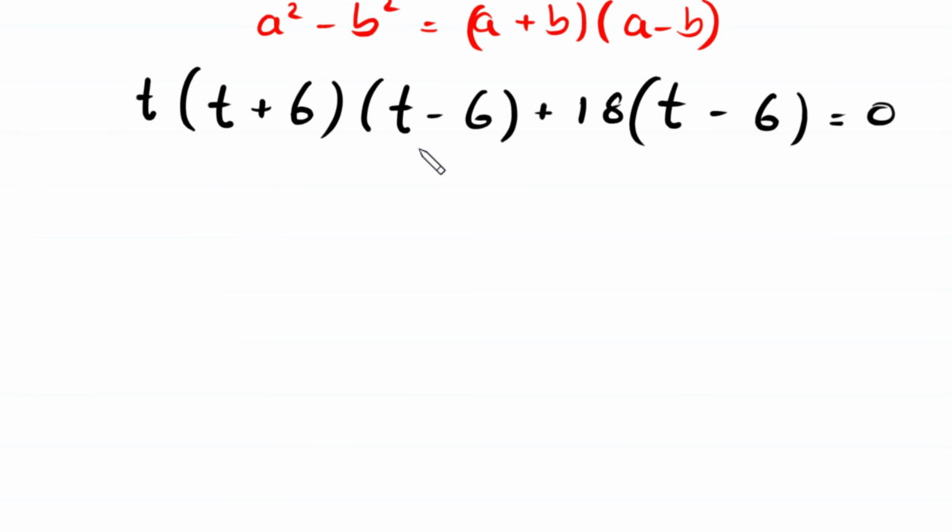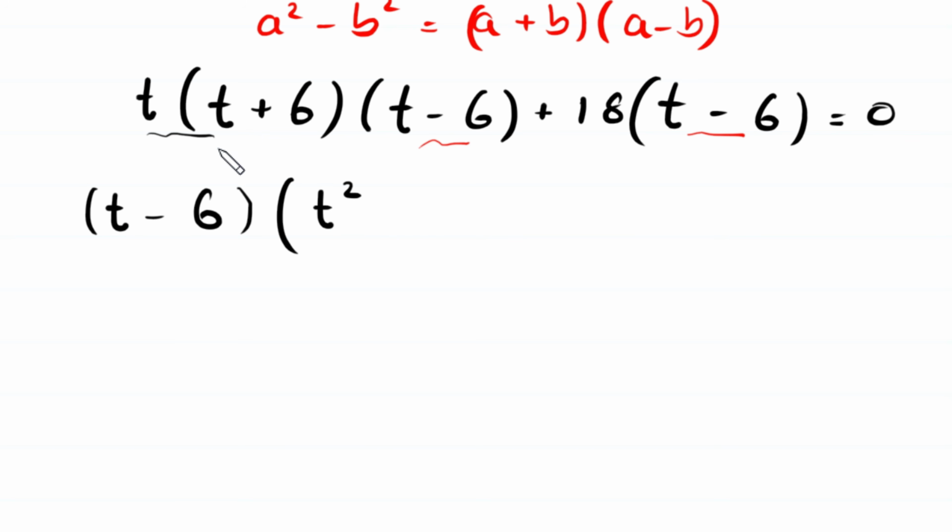Now this t minus 6 is a common factor, so we factor out this t minus 6. And in bracket left, t times t is t squared, and t times 6 is plus 6t, and this plus 18, equal to 0.